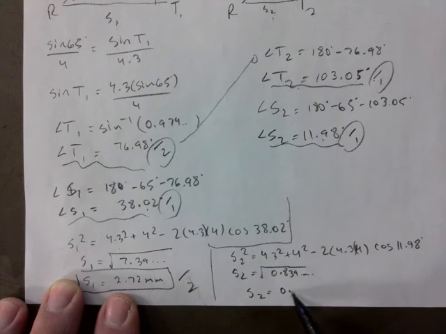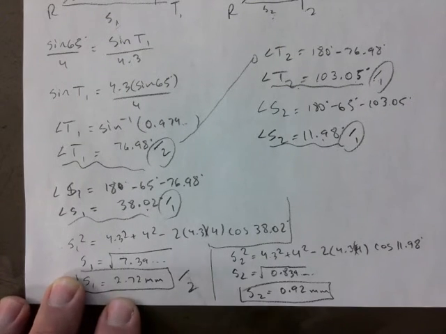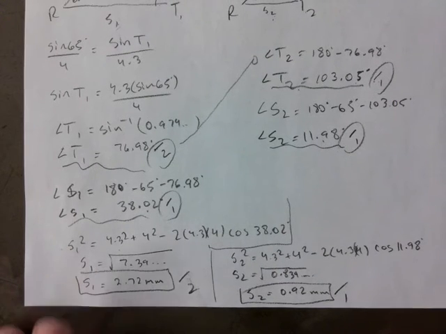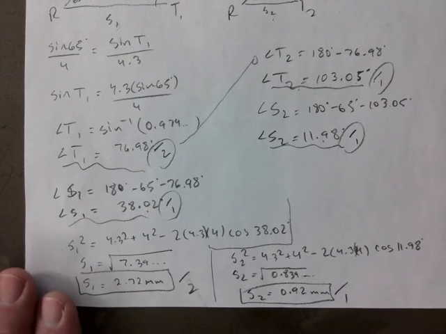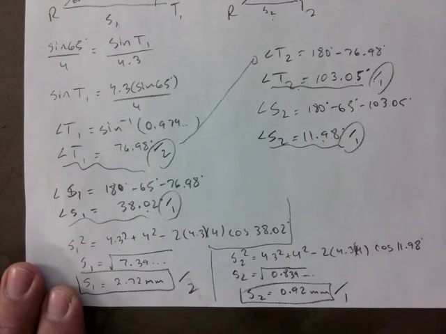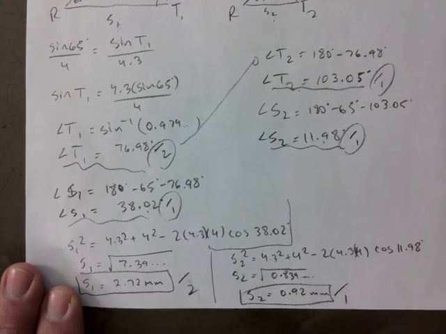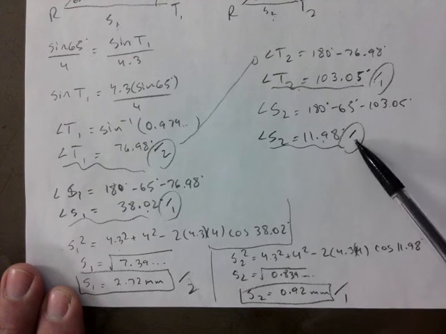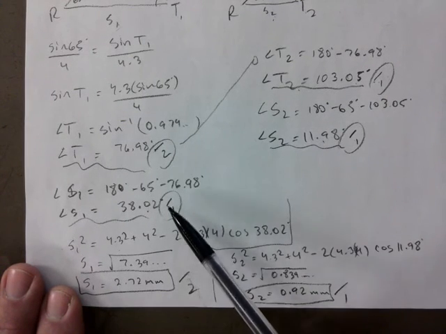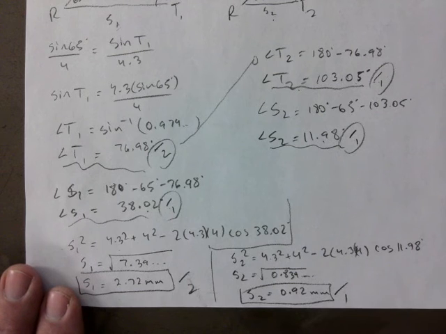S2 is equal to 0.92 millimeters. 1 mark for that one. So what are we at here? Let's go way from the top, right? 2 marks for the justification, determining it's 2, right? So 2, 4, 5, 6, 7, and another 3 would be 10 marks for the backside. Yeah.